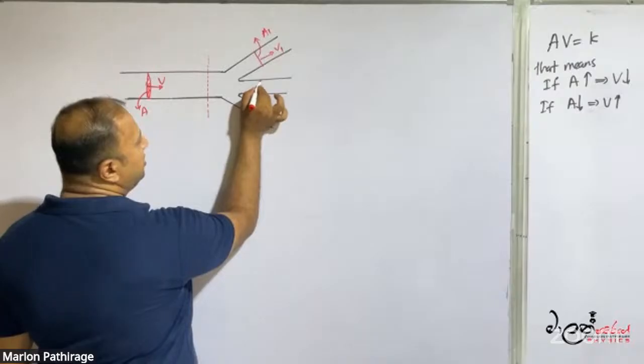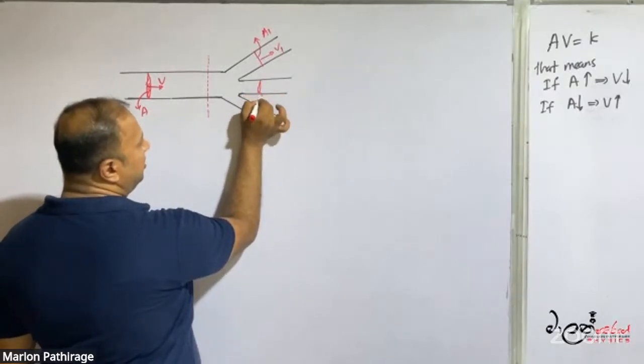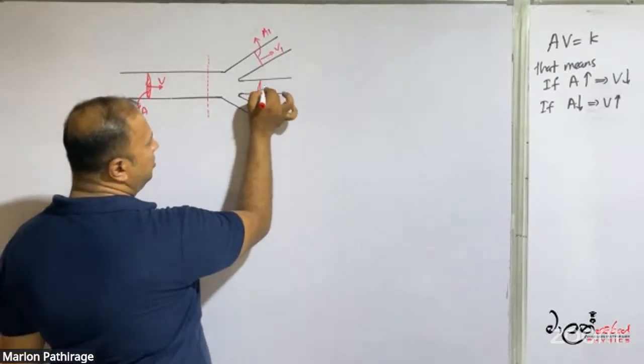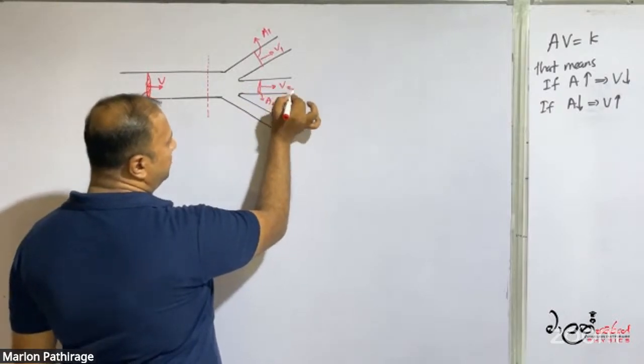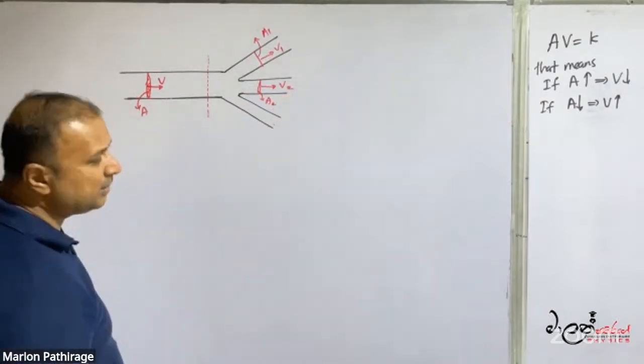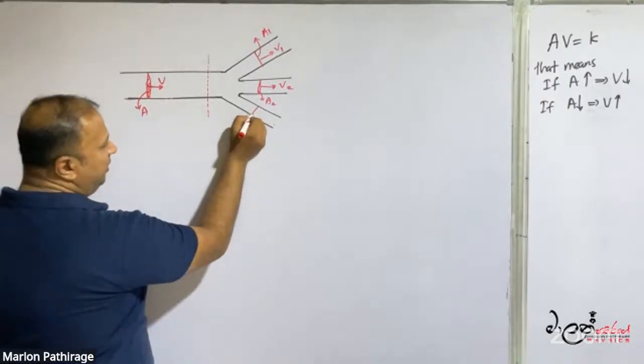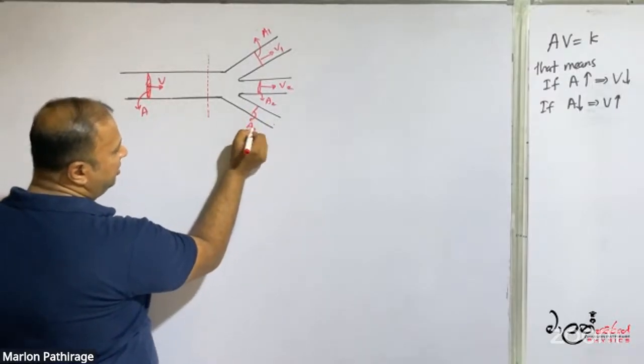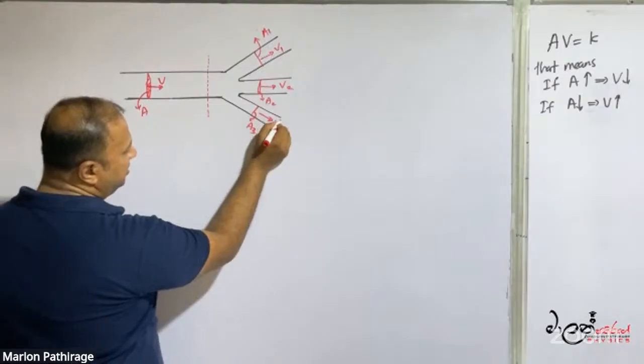For this cross section, it is A2 and the speed V2. For this cross section, it is A3 and velocity is V3.